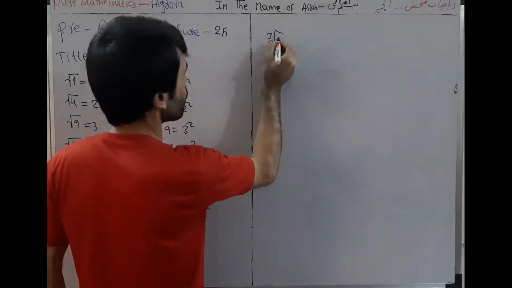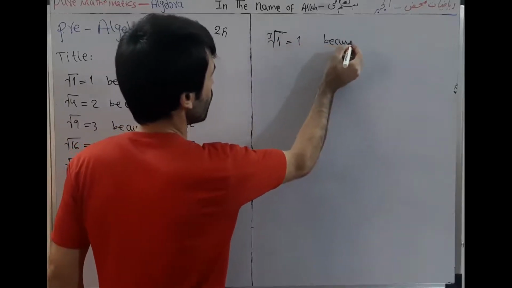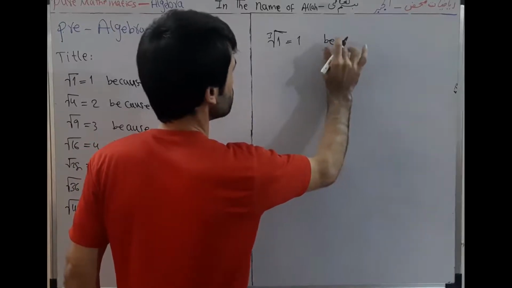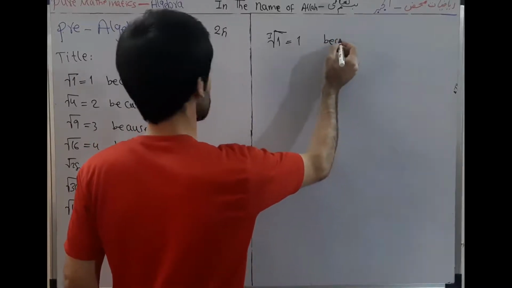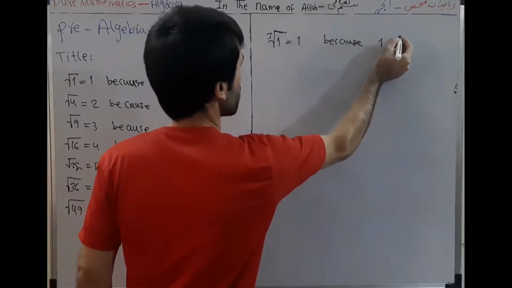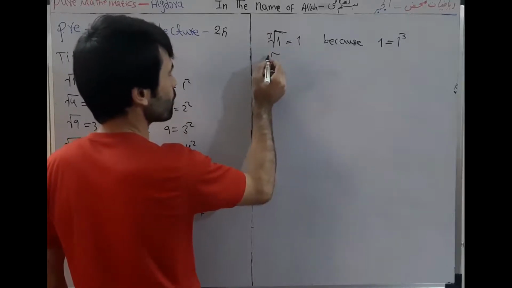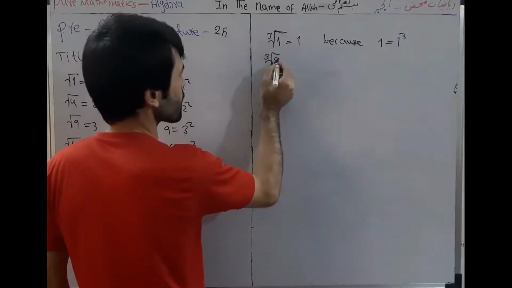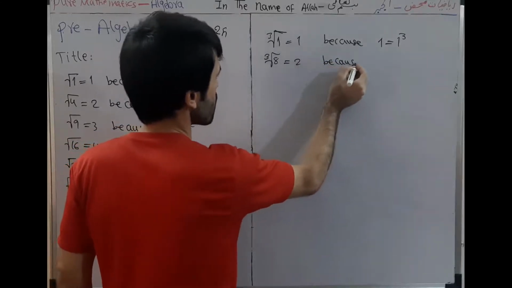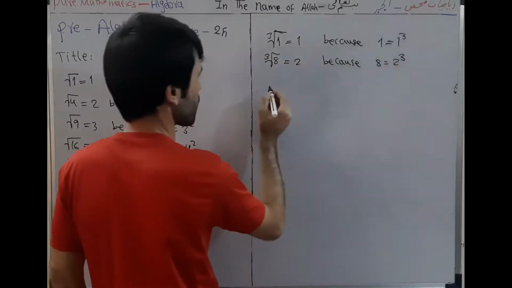The cube root of 1 is equal to 1 because 1 is equal to 1 cubed. The cube root of 8 is equal to 2 because 8 is equal to 2 to the power 3.